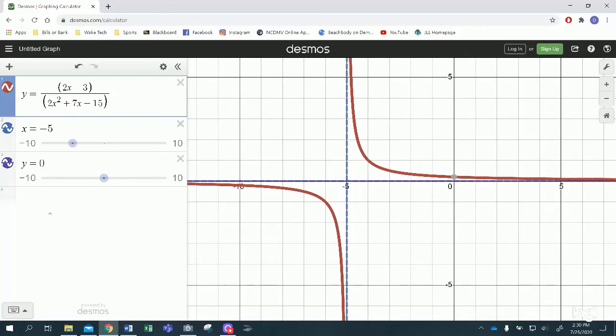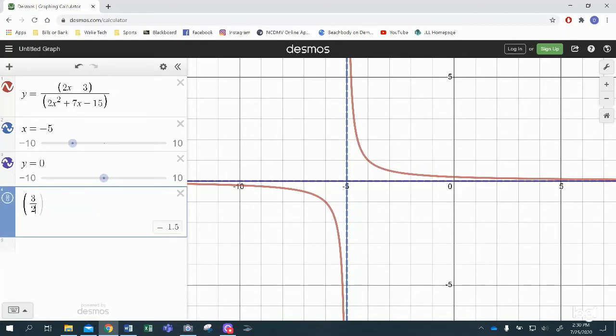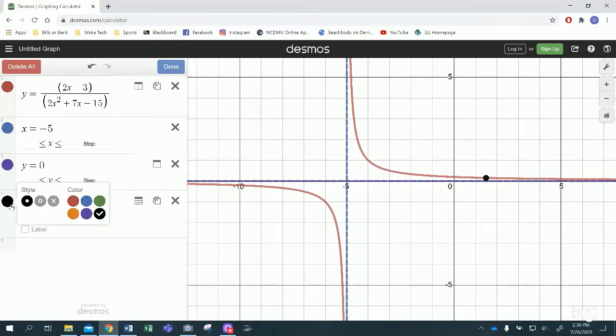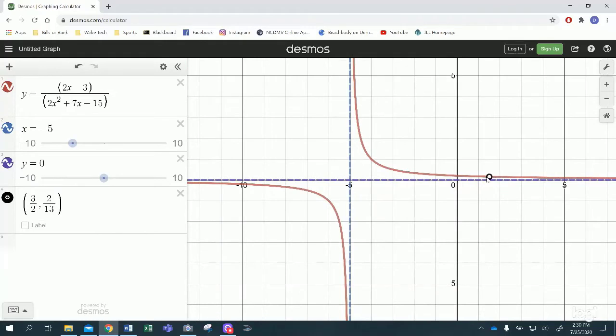So if you wanted to check that, you could type in the ordered pair 3/2, comma, 2/13, and it's going to show up as a dot. But then what you can do is make that look like a hole, and so then you've got it, and it's in the right spot because it's on that red branch there.